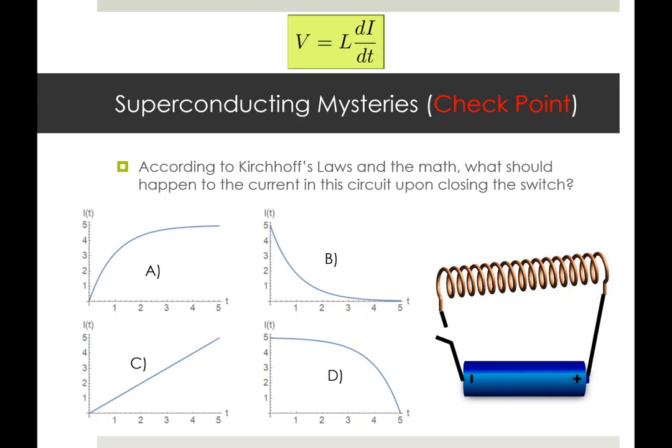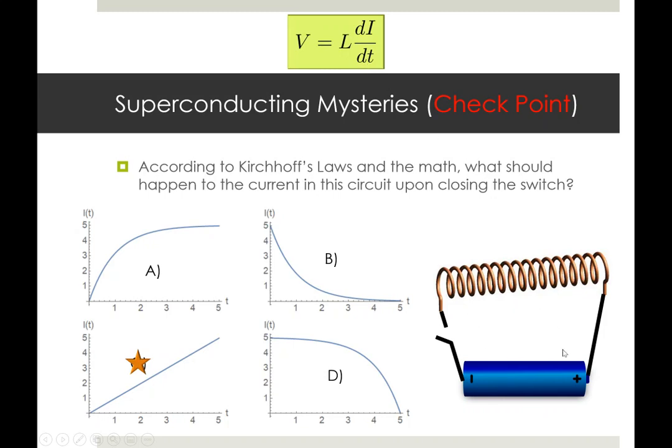All right, welcome back. As funky as it sounds, I hope you found C as your answer. According to the loop rule, we know that the voltage on this inductor is just equal to the battery, which means that we have a fixed derivative of the current over time. That tells us that the derivative of current in this circuit is constant.